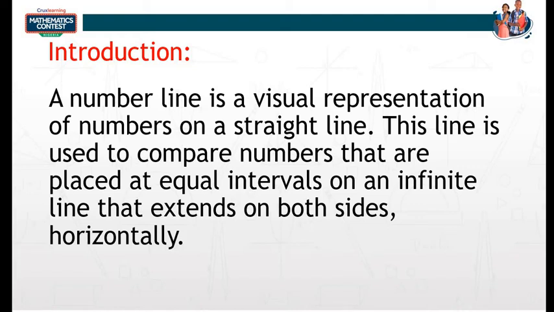So it sits on an infinite line on both sides horizontally. You will see it when I show you the number line, and when you see it, you understand better.